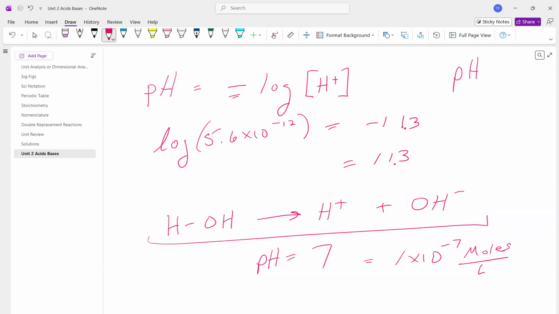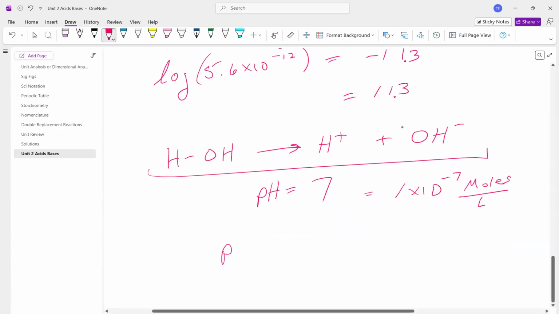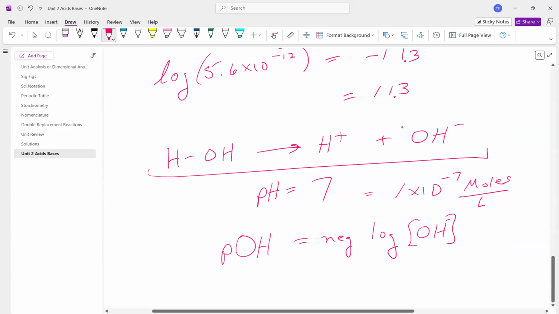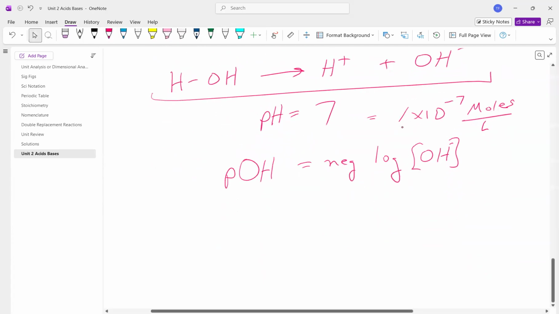Okay, there's another p-value that you've probably not heard of, and that is the pOH. The definition of pOH is the negative log of the hydroxyl ion concentration. Now, pH and pOH are related and interconvertible.